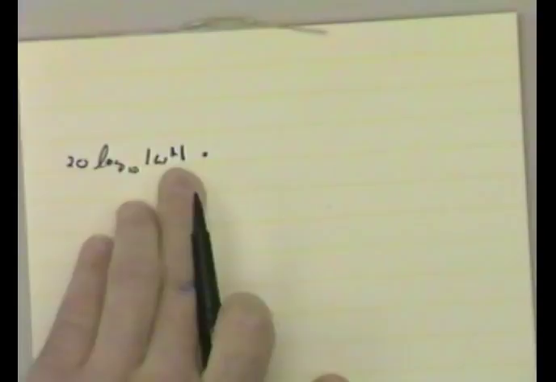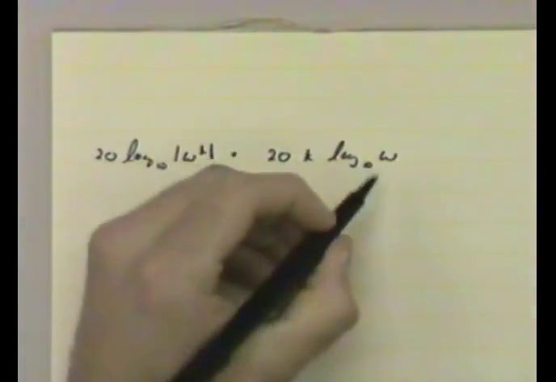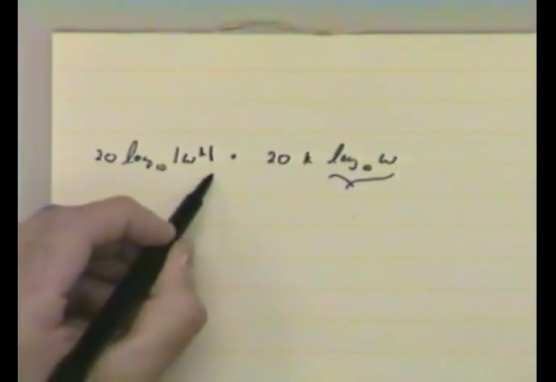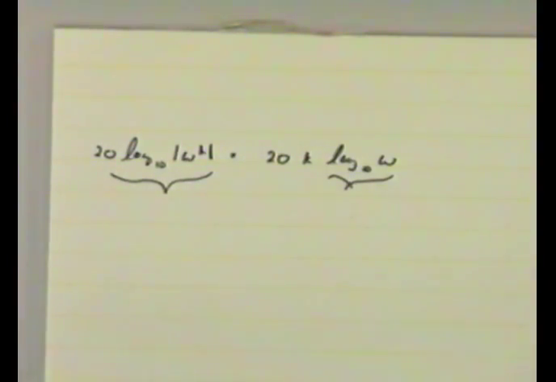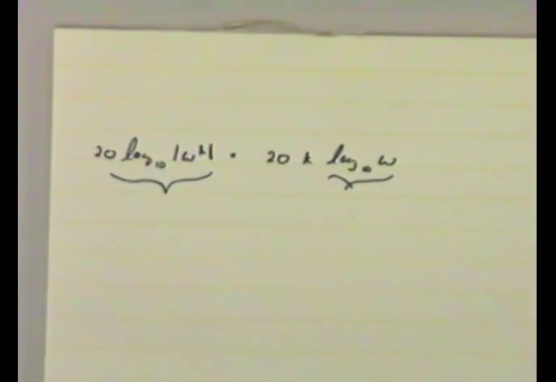All I have to do is pull the k outside of the logarithm, and so what I end up with is 20k log base 10 of omega. Remember, log omega is the variable for the horizontal scale, and this is our variable on the vertical scale. So notice we have a simple linear relation. With k equals -1, our slope is -20.